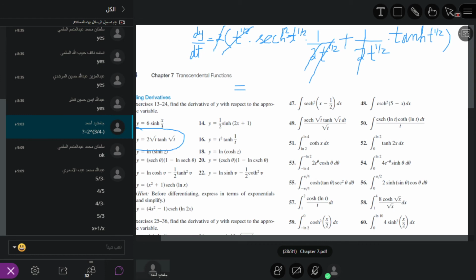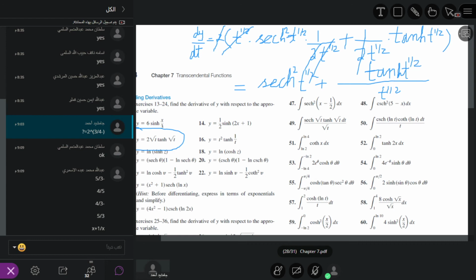The remaining is sec hyperbolic square t power 1 by 2 plus, in the denominator t power 1 by 2 and in the numerator tan hyperbolic t power 1 by 2.